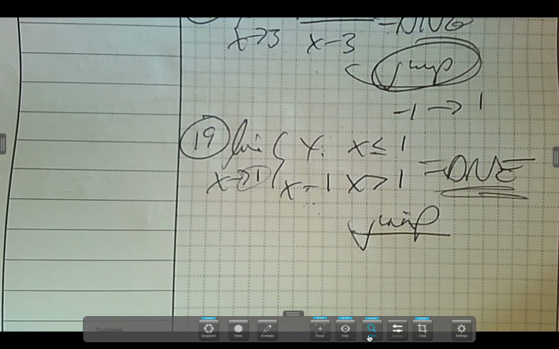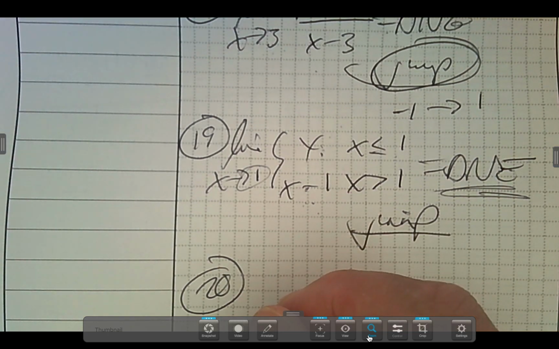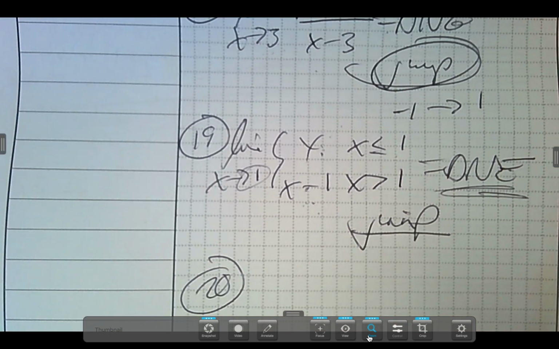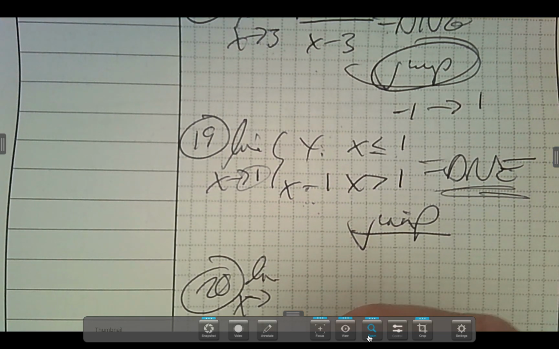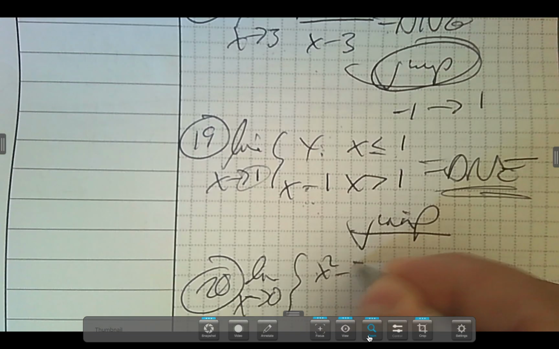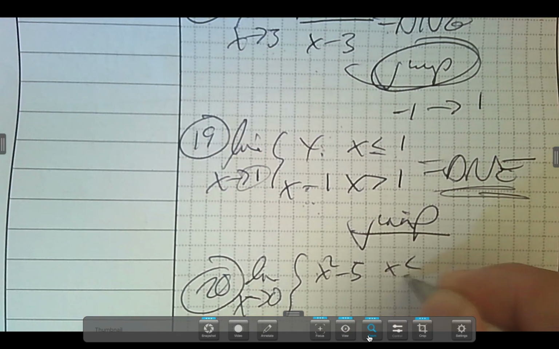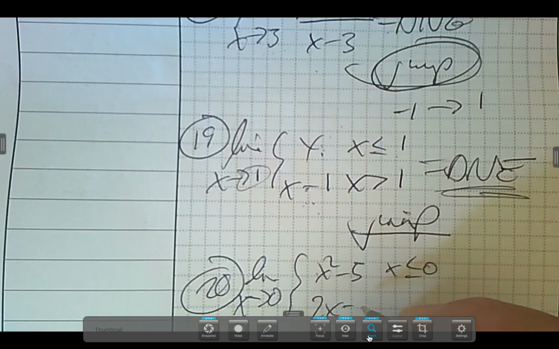Number 20. The limit as x approaches 0, and the top piece is x squared minus 5. It's valid when x is less than or equal to 0. The bottom piece is 2x minus 5.